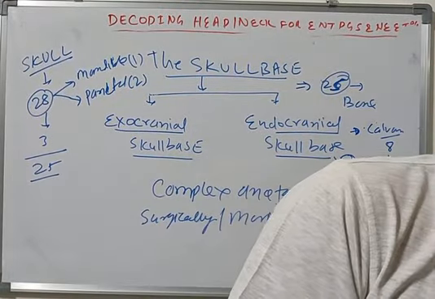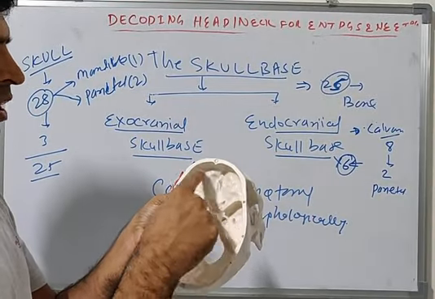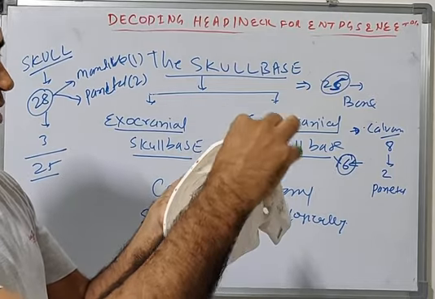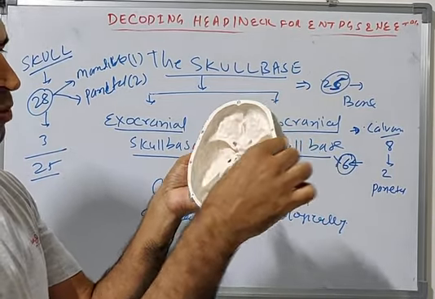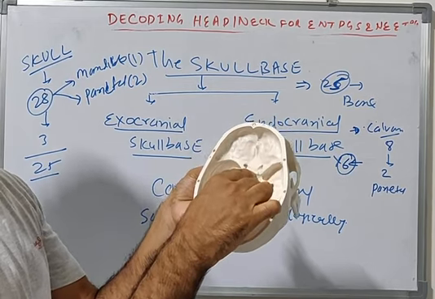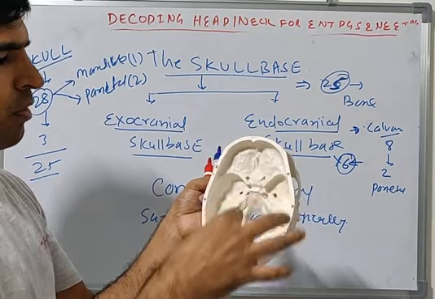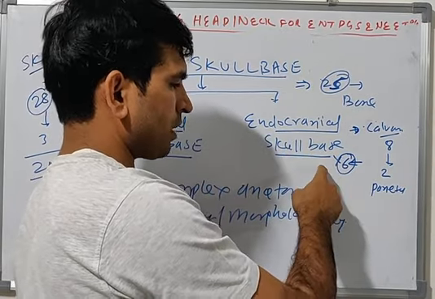Now if you see, this is the endocranial skull base. This is the frontal bone, this is the occipital bone, these two are temporal bones, one is ethmoid and one sphenoid bone. So two paired temporal bones and the rest one each is a total of 6 bones. This endocranial skull base is formed by the 6 bones.